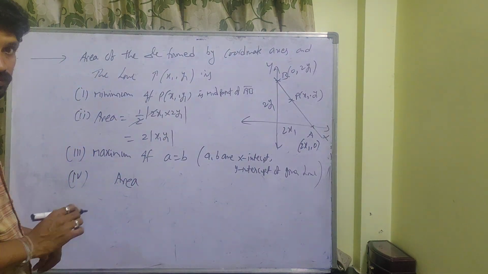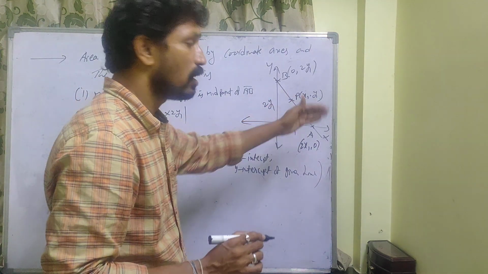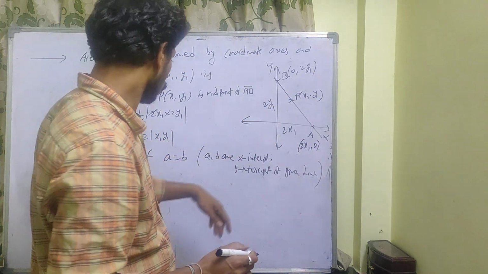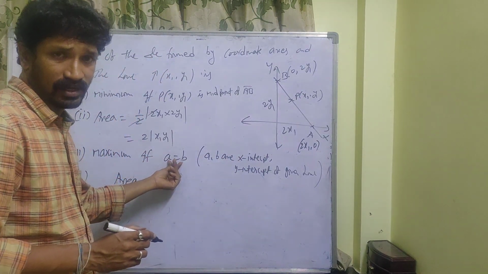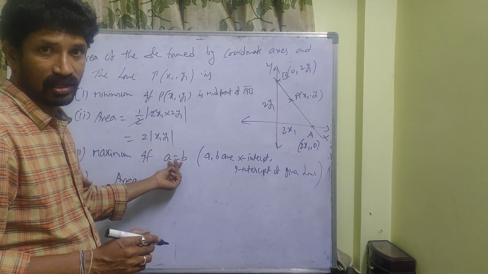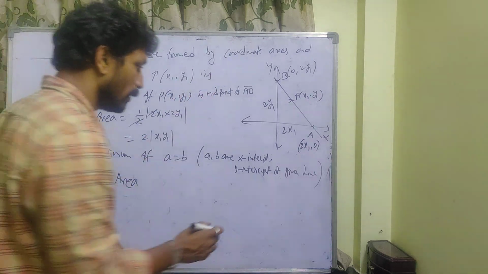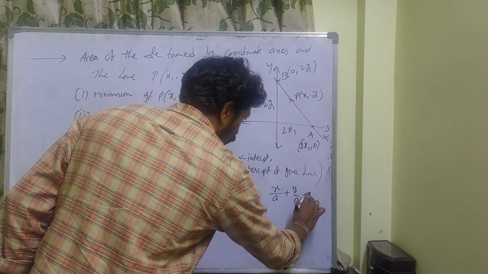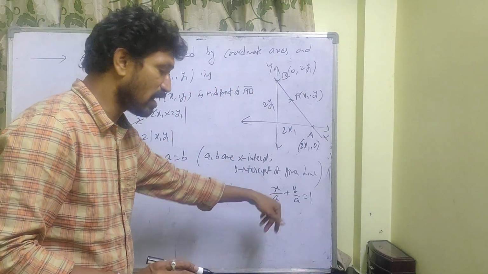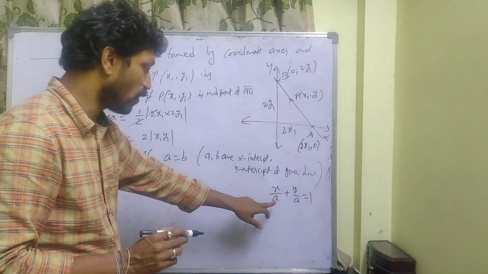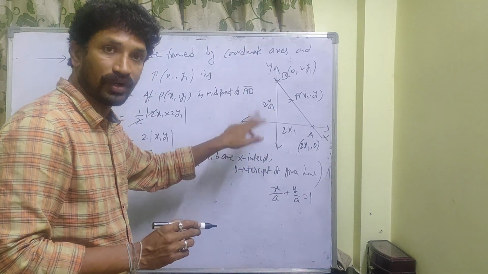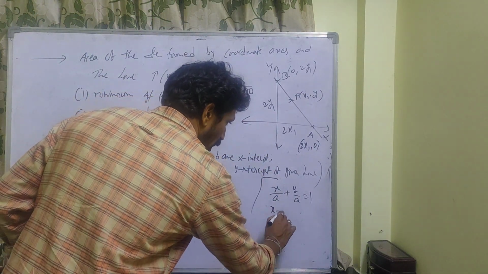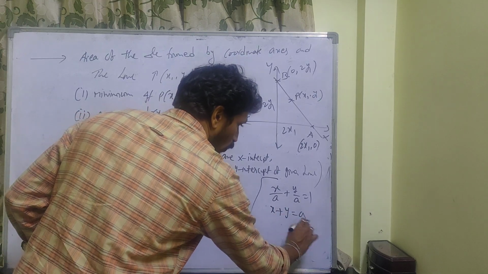The line is passing through P(x1, y1), and the x-intercept and y-intercept are both equal. So the line is x by a plus y by a is equal to 1. If you find this a, then you can write half into a into a, that is our area. x by a plus y by a is equal to 1 means x plus y is equal to a.